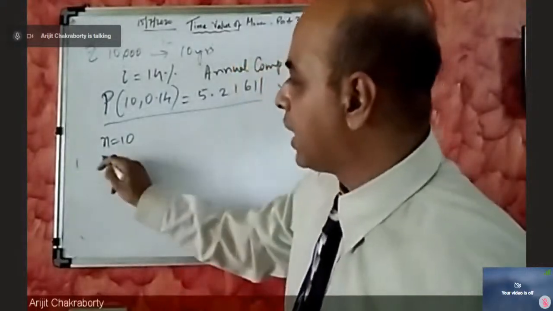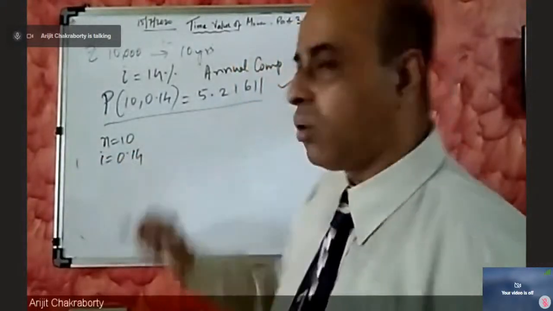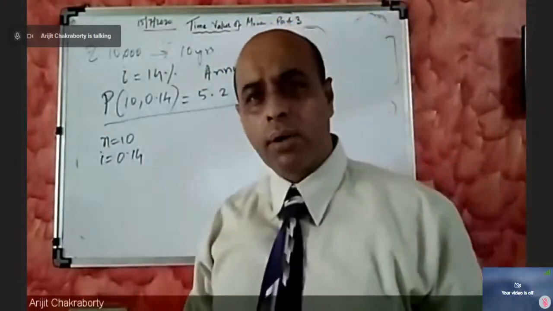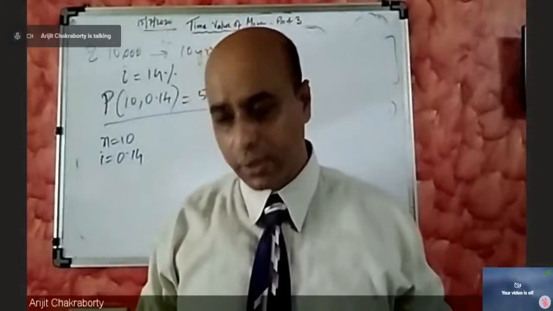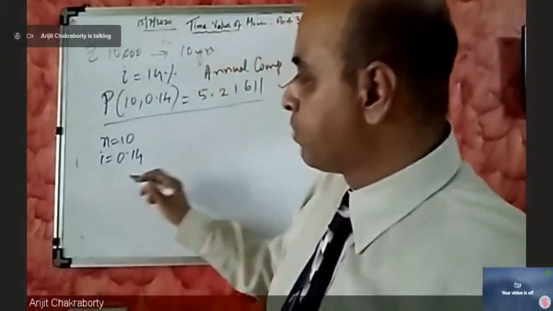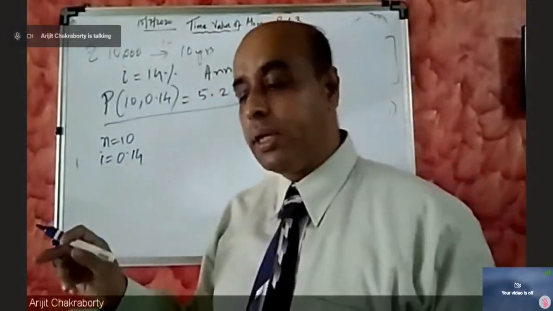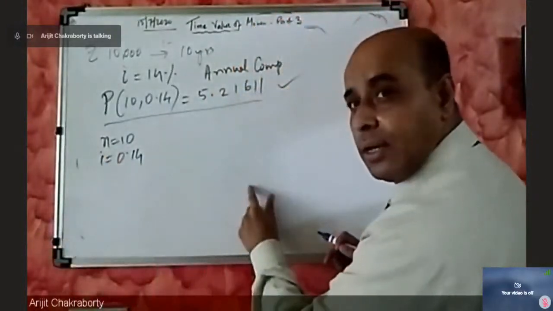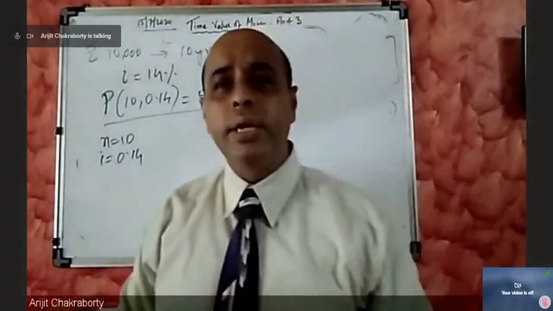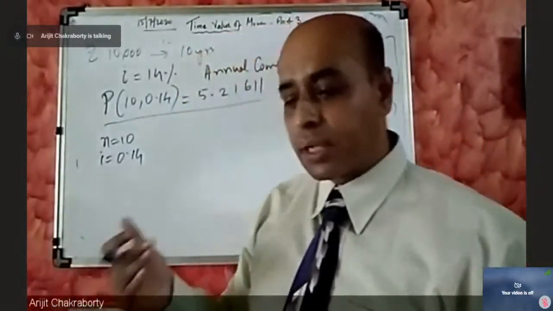The interest rate i is equal to 0.14. We don't have to adjust the interest rate because annual compounding is clearly mentioned. Now, 10,000 is paid every year, so what is the loan amount?